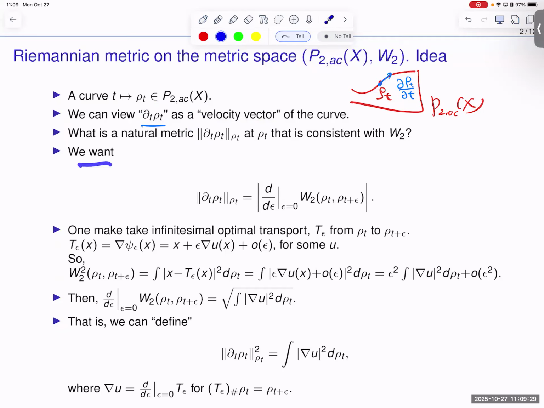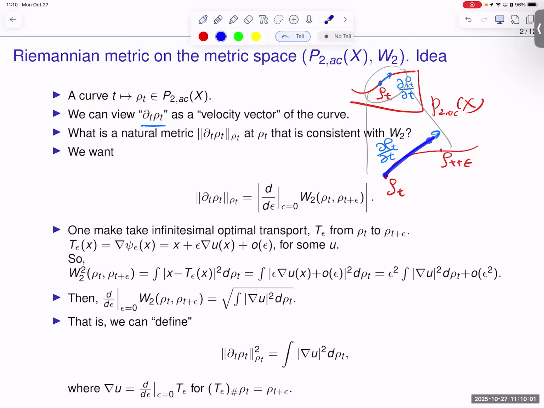And the natural metric should be the following. If you zoom in on this picture, we have rho_t and rho_{t+epsilon}, and the derivative will be some kind of tangent vector to this curve.